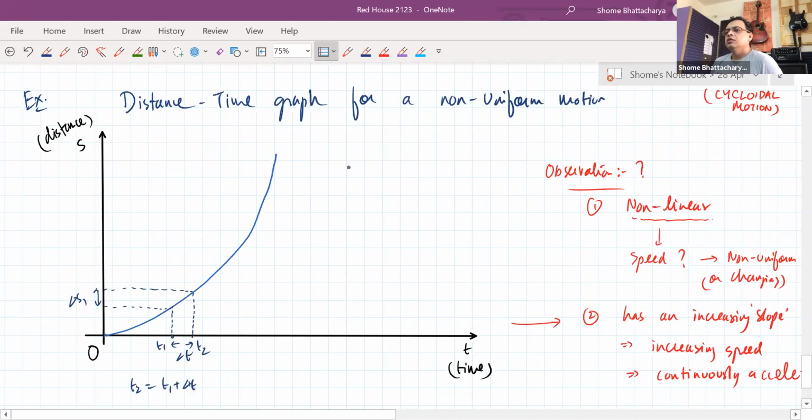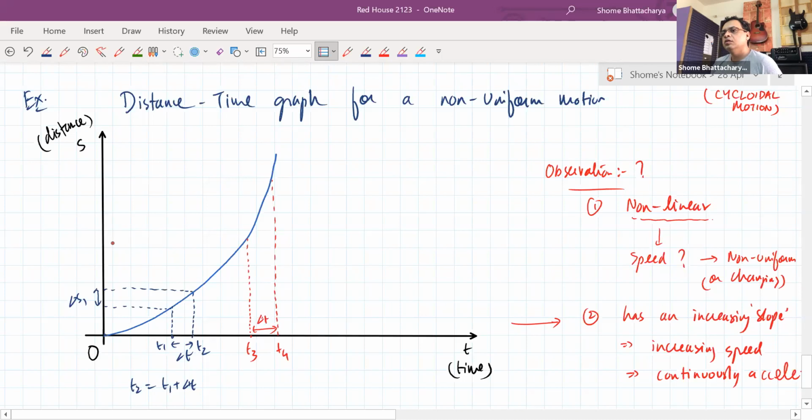Now, if I repeat that interval of time, but at a later instant, going from t3 to some t4, such that this interval is the same.